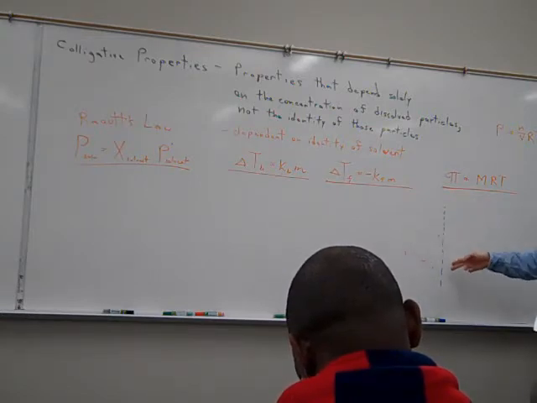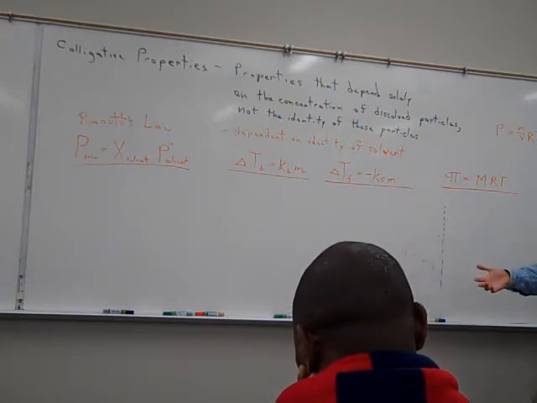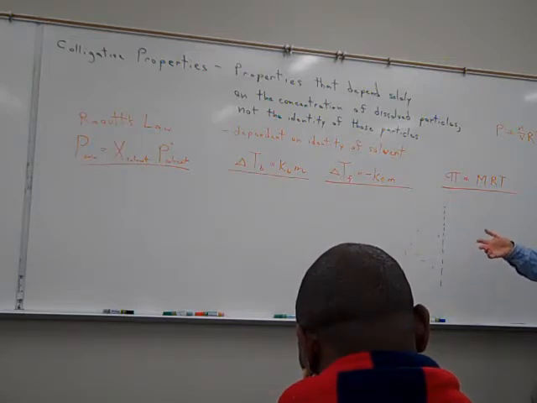Well, if the semi-permeable membrane prevents the solute particles from going back and forth, what has to happen is that the water pushes through from one side to the other to equalize the concentrations.